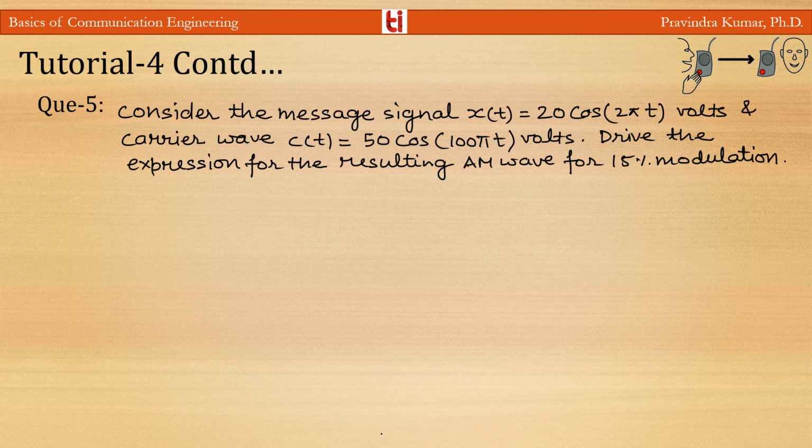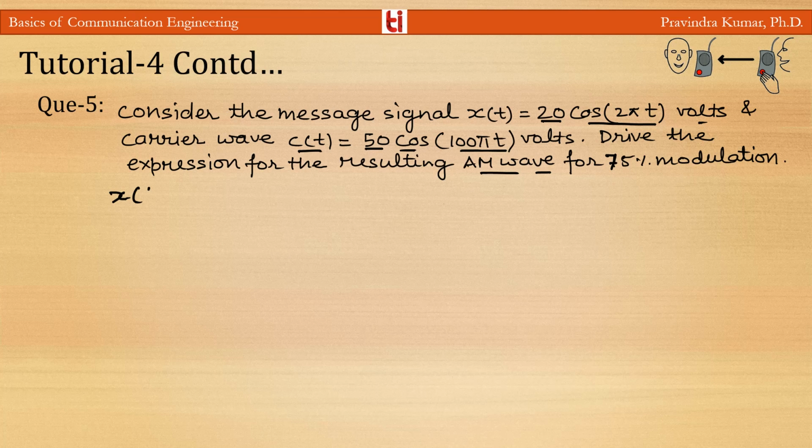Now another question: consider the message signal xt equal to 20 cos 2 pi t volts and the carrier wave ct equal to 50 cos 100 pi t volts. Derive the expression for the resulting AM wave for 75% modulation.